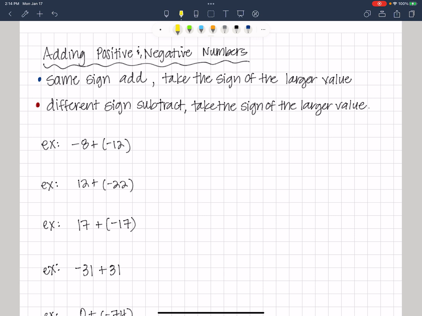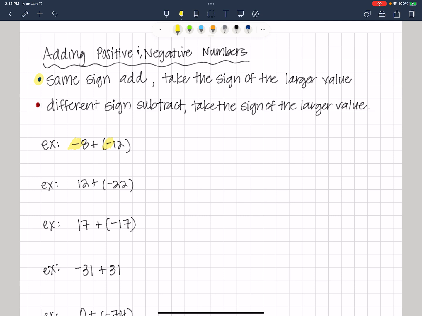My first example, I have -8 plus -12. This is an example of a negative plus a negative. So both numbers are negatives, same sign.